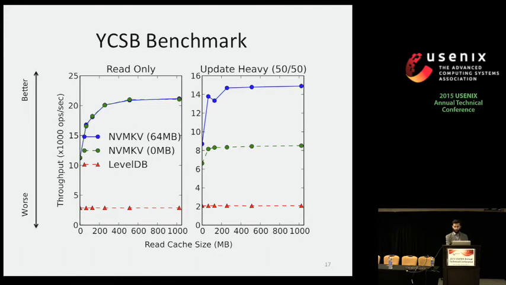So we see, as before, that the red line is for LevelDB, and we see two lines for our key value store, a green one and a blue one. The green one represents the performance when you make no use of the collision cache, and the blue line when you have 64 megabytes of collision cache. In both cases, we see that the performance of our key value store exceeds that of LevelDB by a significant margin.